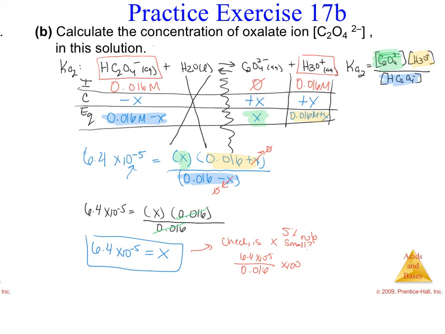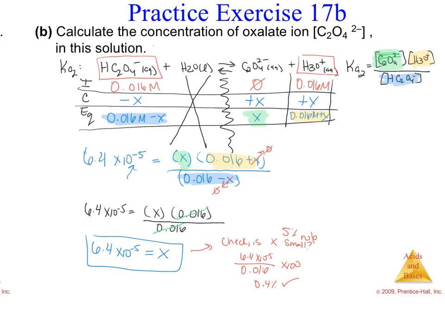So into my calculator, 6.4 e negative 5 divided by 0.016 times 100. Enter, and I end up with 0.4%. So that is definitely smaller than 5%, so our shortcut works. We do not need to go back and use the quadratic formula.